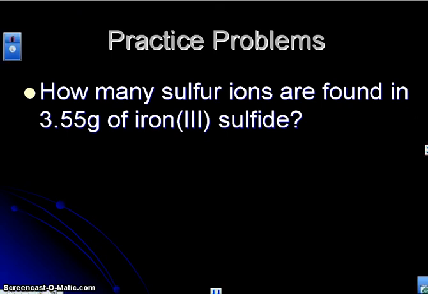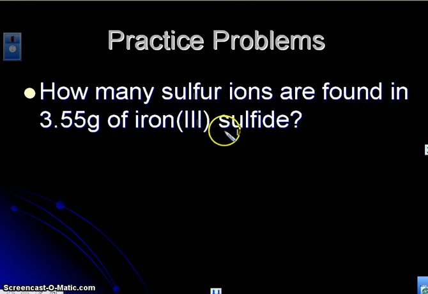In this problem, we're being asked how many sulfur ions are found in 3.55 grams of iron 3 sulfide. So with that problem, we have a mass, and we're being asked to find ions. The first step is we know that we've got a compound, iron 3 sulfide.